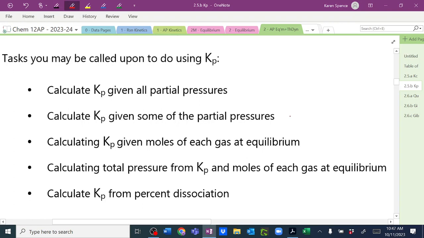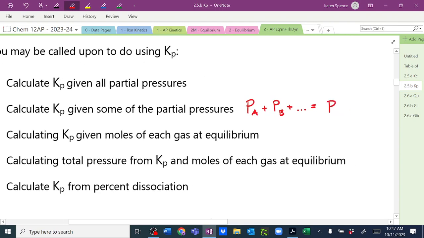Yes, because P of A plus P of B plus P of C equals P total. As long as you know 2 of the 3 or 3 of the 4, you can do that. Calculate Kp given moles of each gas at equilibrium.